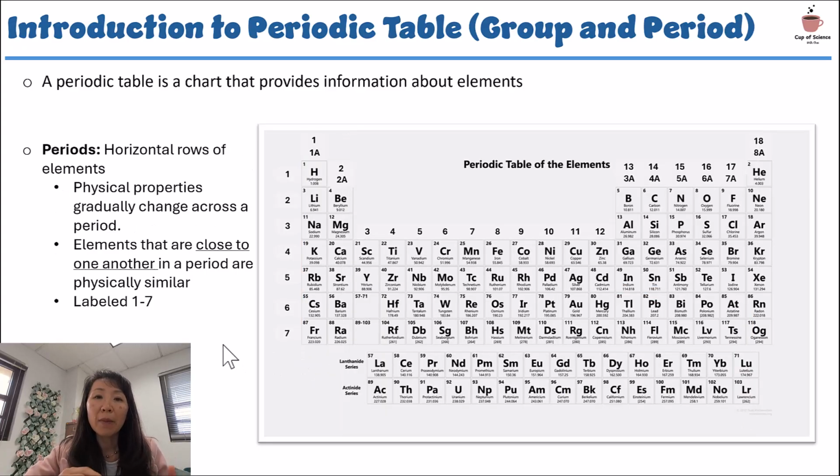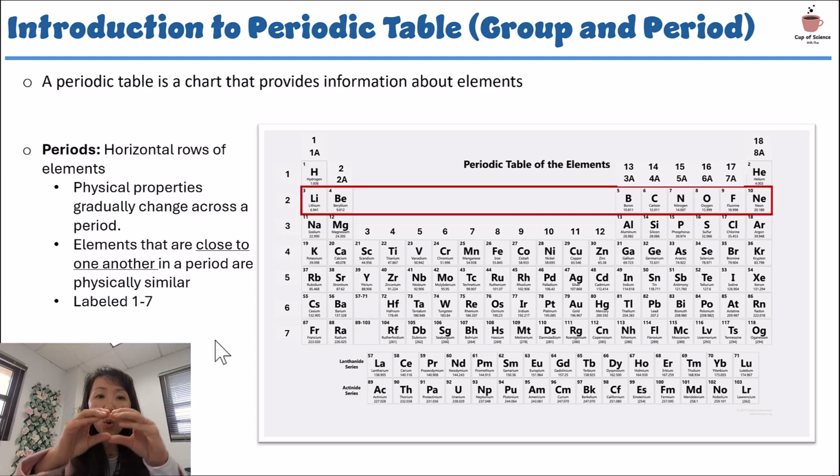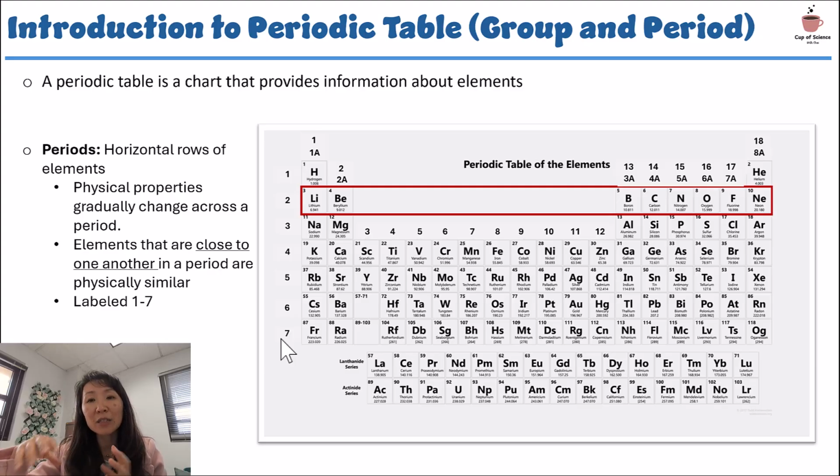What about period? Period refers to the horizontal row. So there is a horizontal row, and that's a period. The periods run from 1 all the way up to 7. So 1, 2, 3, 4, 5, 6, 7 in each row of elements. And these elements are physically very close together.